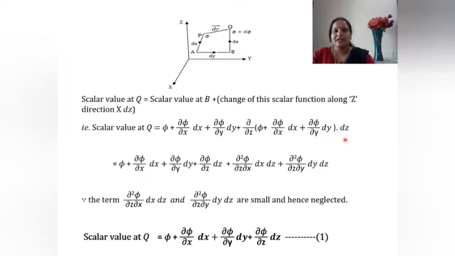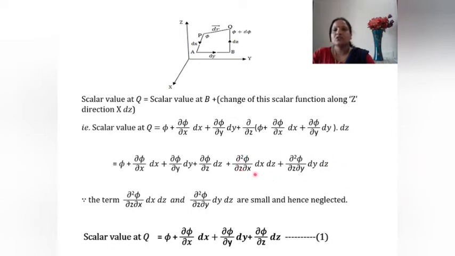After simplification, we get the scalar value at Q equal to φ plus ∂φ/∂x dx plus ∂φ/∂y dy plus ∂φ/∂z dz plus ∂²φ/∂z∂x dx dz plus ∂²φ/∂z∂y dy dz. In this expression, these two terms, ∂²φ/∂z∂x dx dz and ∂²φ/∂z∂y dy dz, are small.